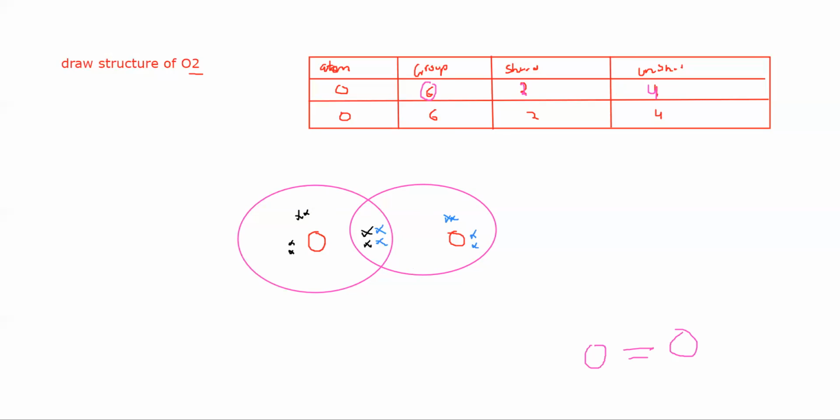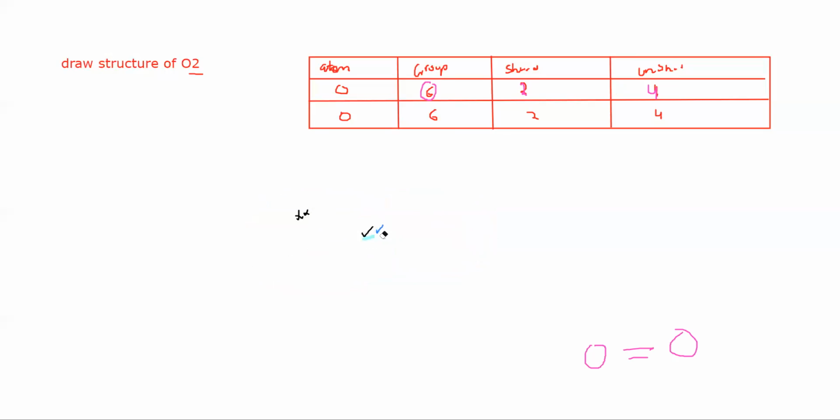So first I will draw the number of atoms, because O2 means 2 oxygen. So I drew 2 oxygen first. Then each oxygen will share 2. This oxygen gives 2 electrons. The other oxygen will also give 2 electrons.